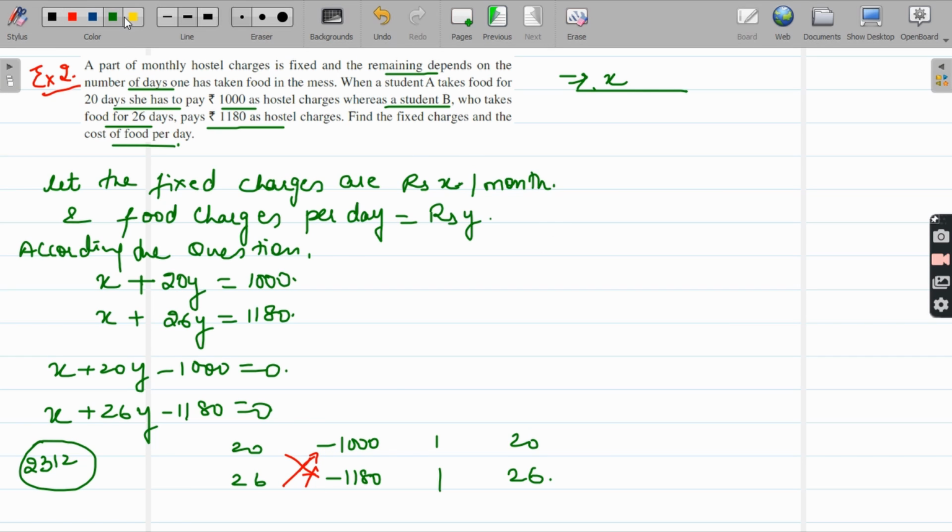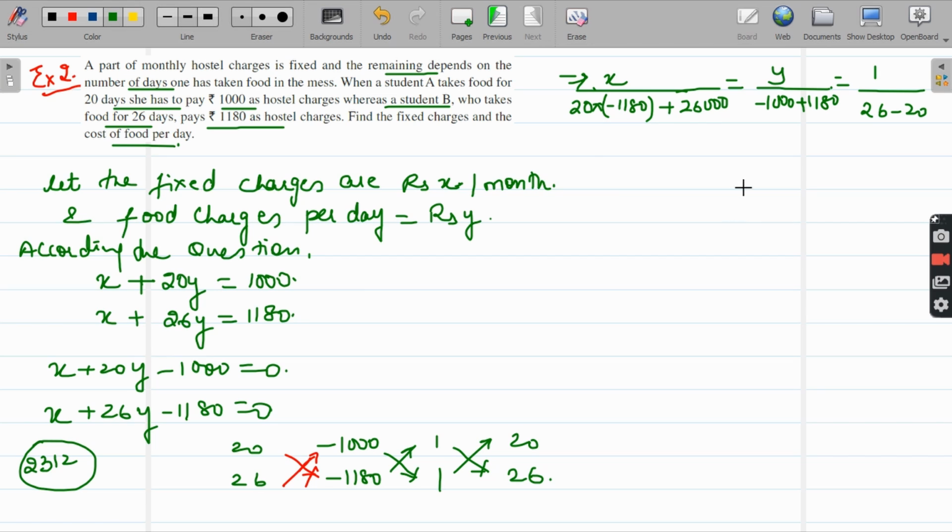So I will get 20 multiplied by minus 1180 plus 26,000 bottom to top equal to y upon, we have minus 1000 plus 1180 and 1 upon 26 minus 20, top to bottom minus bottom to top.